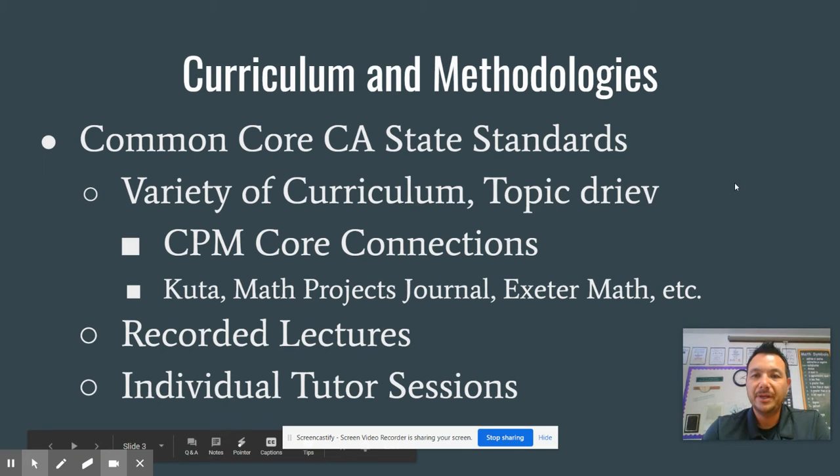Okay, as for the curriculum and methodology, we follow the California Common Core state standards, and we use a variety of curriculum, and I should say topic driven. So little typo there, but the main idea here is that we're going to follow topics through the California state standards.